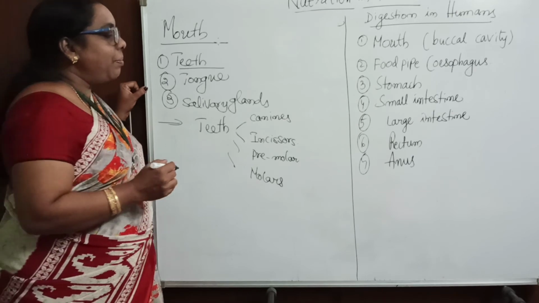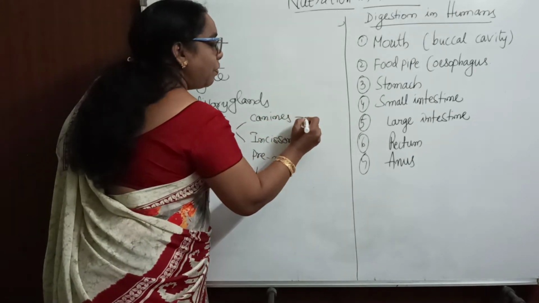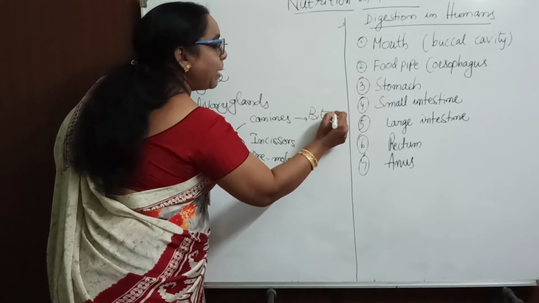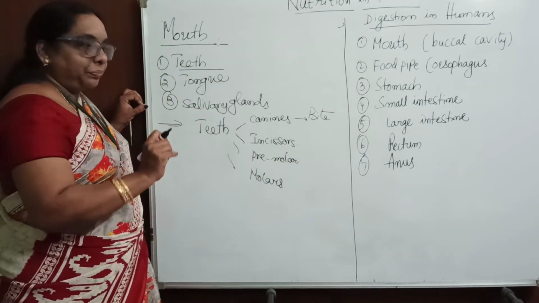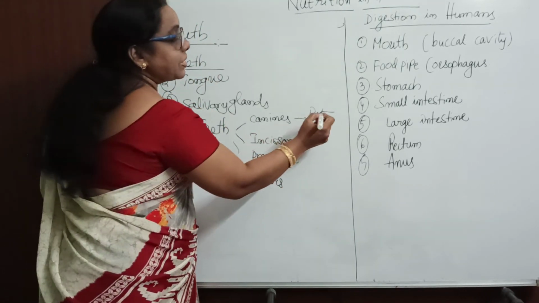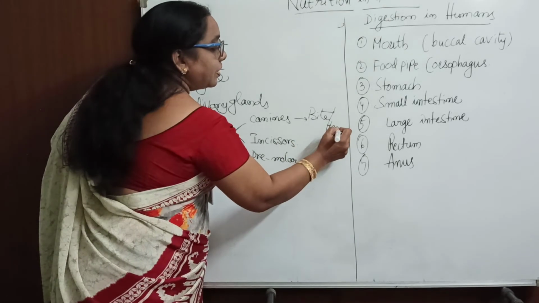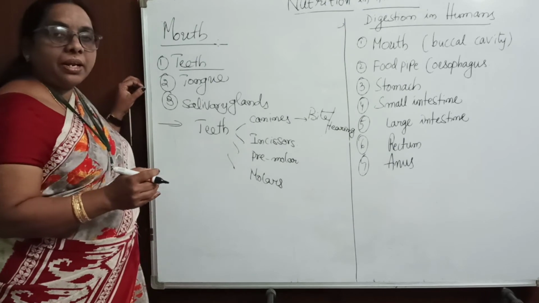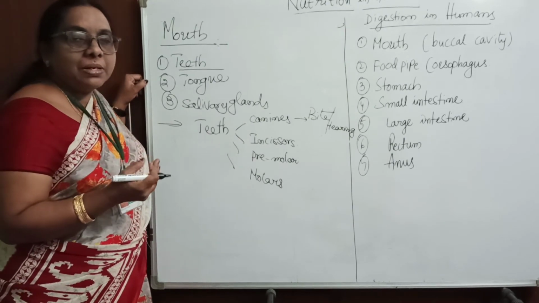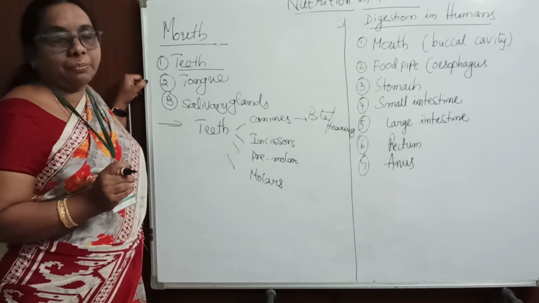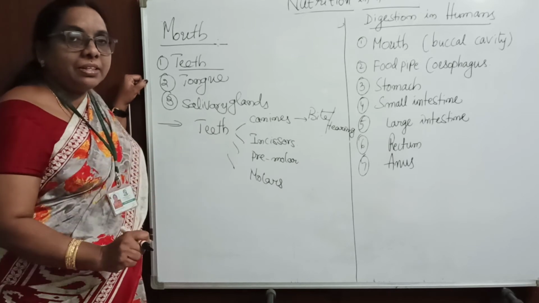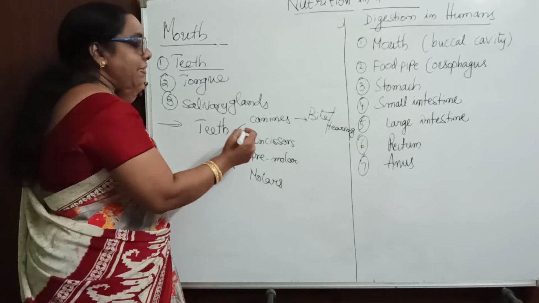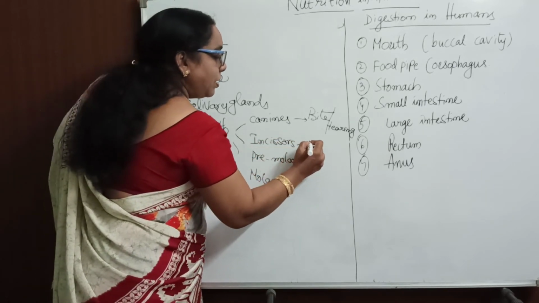Coming to the canines, what is their function? They are helpful to bite the food, and we can also say tearing, especially in carnivorous animals. These canines are so sharp that they tear the food, the flesh of the prey. Next, the incisors.